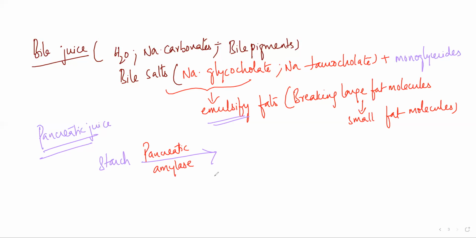We have seen 30% of starch get digested in the oral cavity by the ptyalin or the salivary amylase. Now again we have the pancreatic amylase, which digests the starch into maltose and dextrin. Okay, it's getting converted into this.